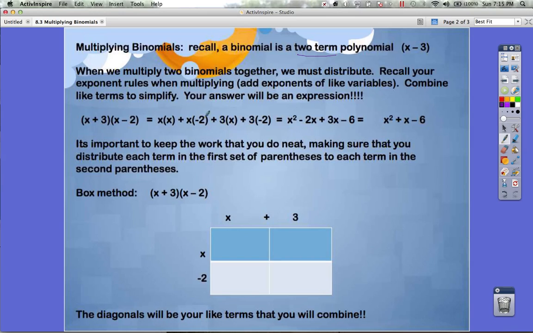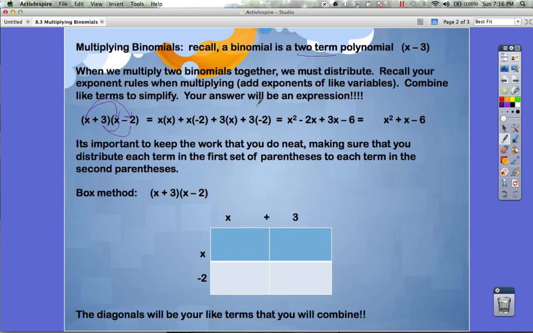All right, so the first problem says x plus 3 times x minus 2. You're going to want to take this x and distribute it first to each part of the second parenthesis. So x times x right here, and then x times a negative 2 right here. Then you're going to multiply the 3 through, 3 times x, and then 3 times a negative 2.